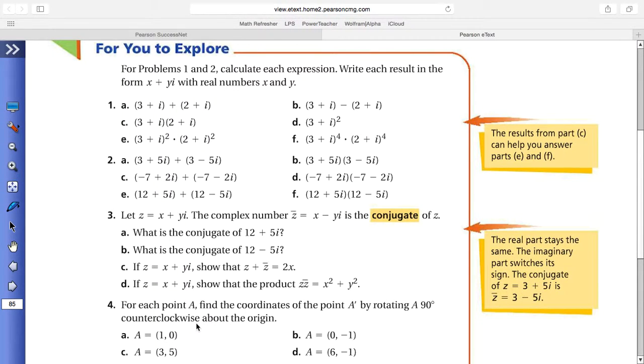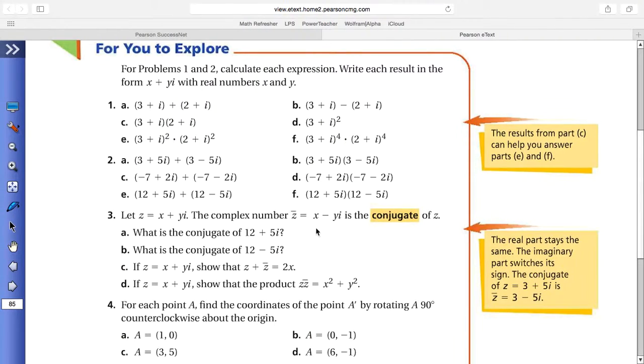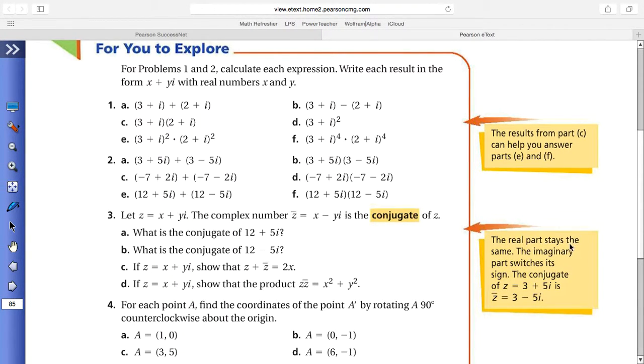Okay, good. The next thing is the conjugate. As it says, let z equals x plus yi, the complex number z bar equals x minus yi, and that's what we call the conjugate. As it says right here, the real part stays the same, the imaginary part switches its sign.